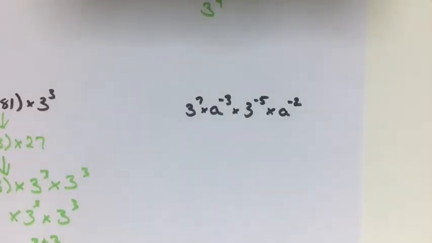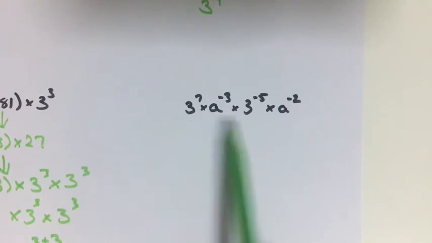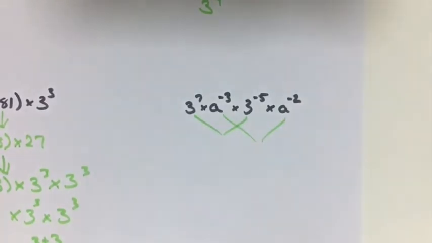3 to the power of 7 times a to the power of negative 3 times 3 to the power of negative 5 times a to the power of negative 2. So let's just put those together. We want to put the 3's together, and we want to put the a's together.